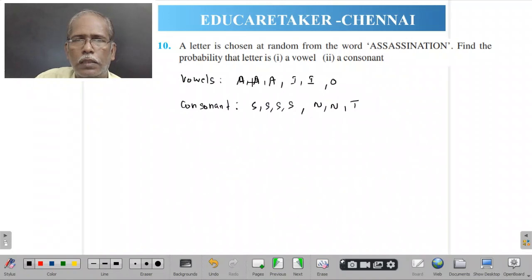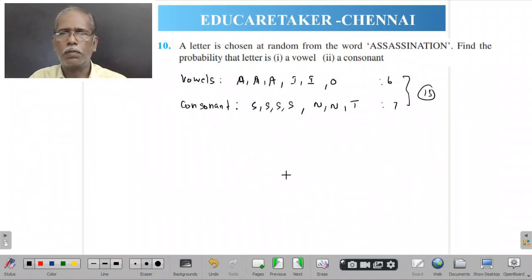So 13 letters: overall 6 vowels and 7 consonants. So 6 plus 7, the total should be 13. Okay. Now we are positioned to give the answer for the two subdivisions.